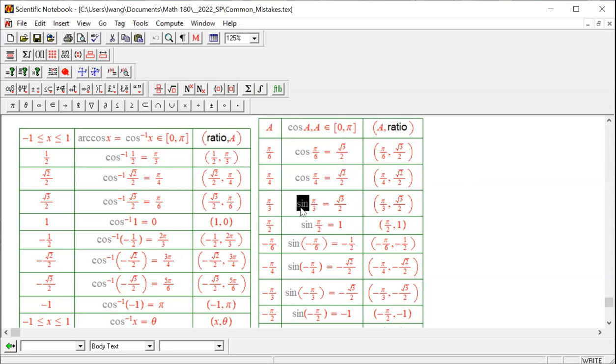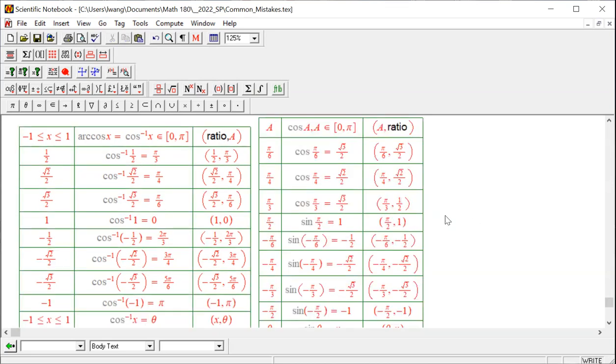Just double check cosine. One is a blue number, one is a red number, and now you can bring the unit circle right next to you to do that. Of course, this is going to be half. Are we right? Yeah.